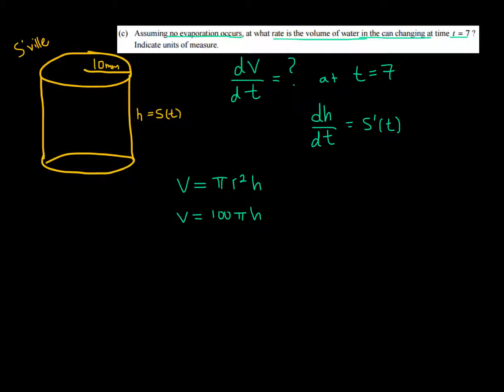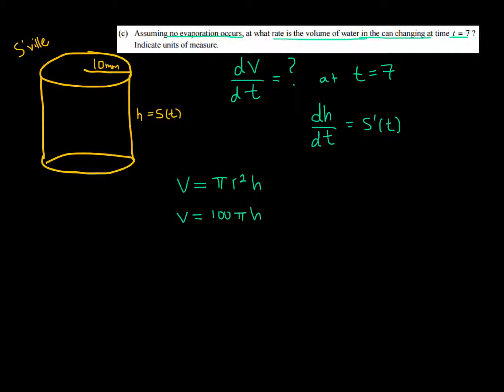So at this point, you can make the substitution that h is simply S of t, and when you differentiate, you'll end up with S prime of t. So you could do that, or you could go ahead and differentiate already, because we've already made the connection that we know dh/dt, it is S prime of t. So let's look at both ways just to make sure that you understand what I'm saying here.